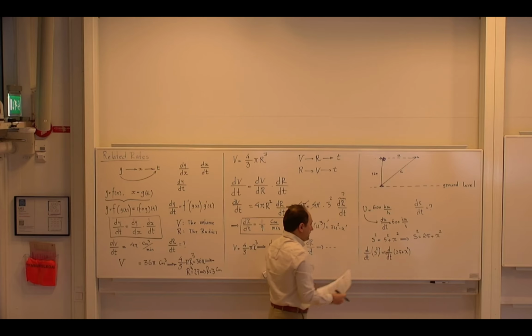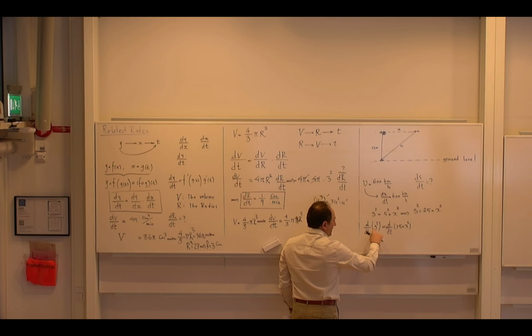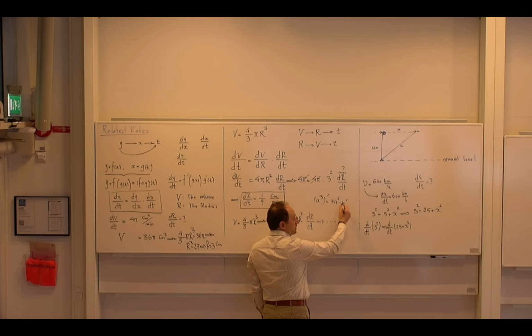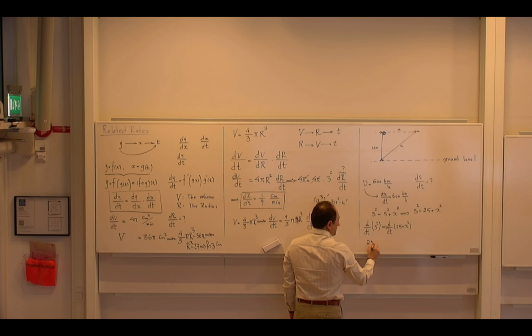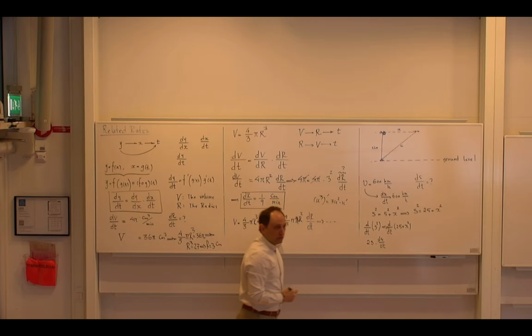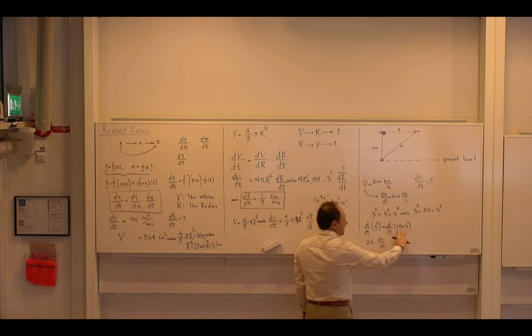Okay? But now be careful. s itself is a function of time, so you shouldn't write just 2s. You should write 2s multiplied by the derivative of s with respect to time, so it becomes 2s ds/dt. On the right-hand side I have two terms to differentiate.